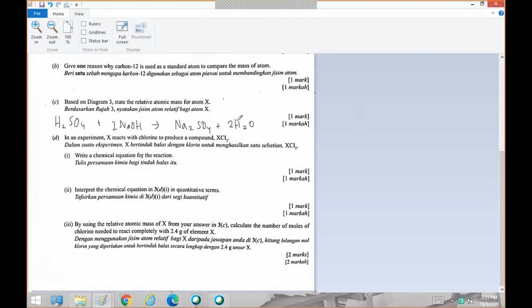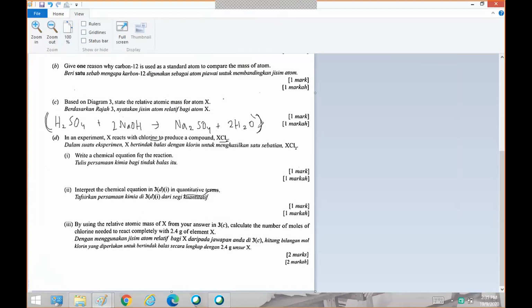Assuming this is the equation that they want you to write, if they ever ask you to interpret the chemical equation in quantitative terms, all you need to do is say 1 mole of sulfuric acid reacts with 2 moles of sodium hydroxide to form 1 mole of sodium sulfate and 2 moles of water. So you just have to write them down, just interpret it, just elaborate from there.